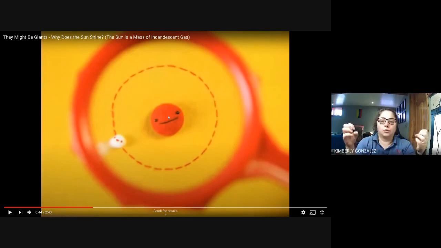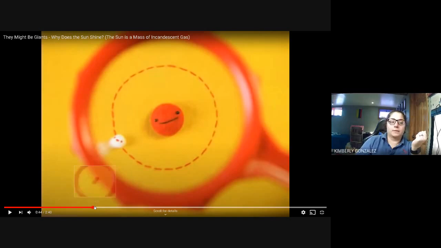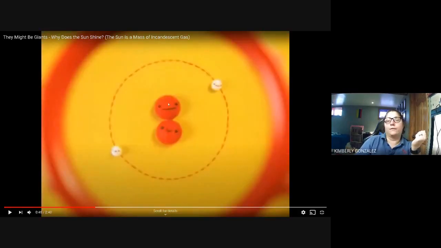It's when you take two smaller elements and you force them together to create a larger element. Okay, in this case, in the sun, we're talking about taking two hydrogen atoms, right, and you're forcing their nuclei, their nucleus, the inside, together, and it forms into one larger atom called helium.